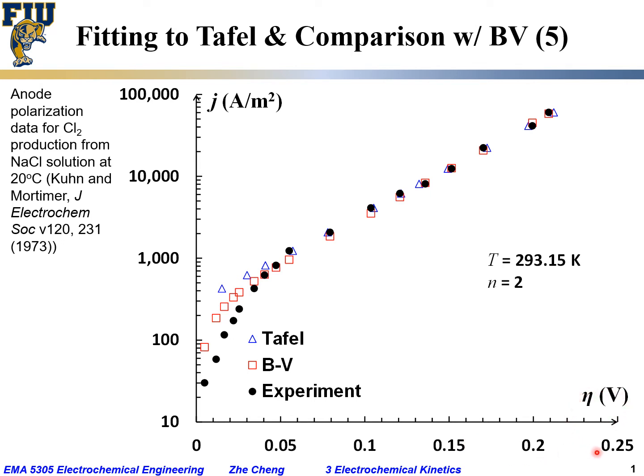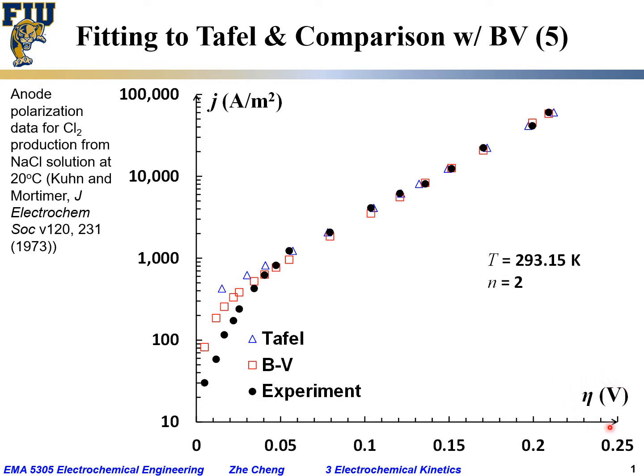The horizontal axis is eta, or anode overpotential, which is the potential difference between the actual potential while in this case chlorine gas is produced versus the equilibrium potential between chlorine ion and the chlorine gas.